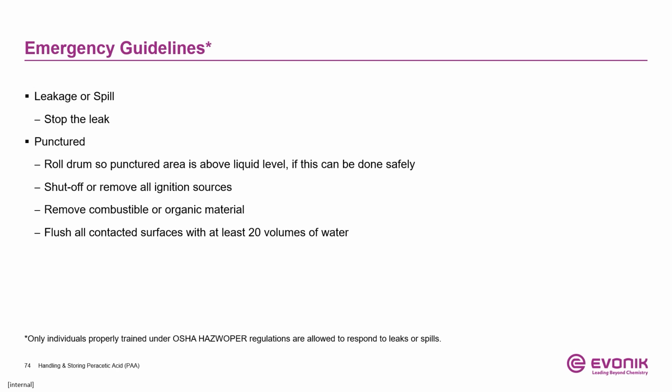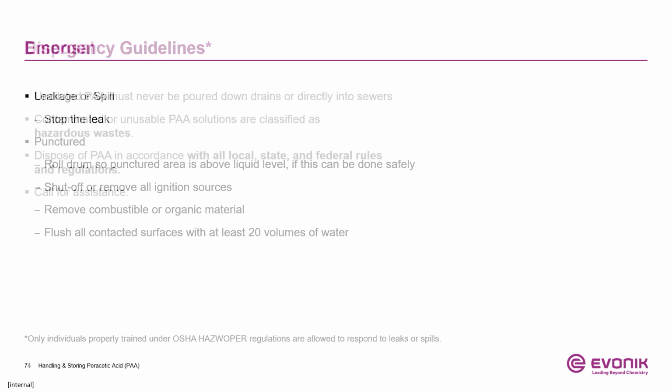Next, remove combustible or organic material from the area and flush all contacted surfaces with at least 20 volumes of water. You do not want to let any undiluted material enter the sewer or into any confined spaces. Remember that a peracetic acid spill may be reportable under state or federal law.